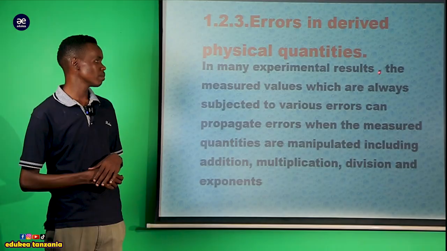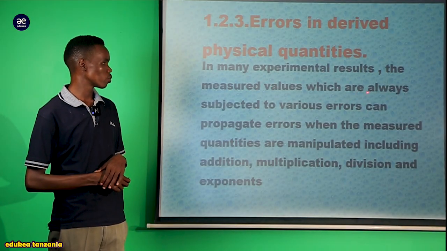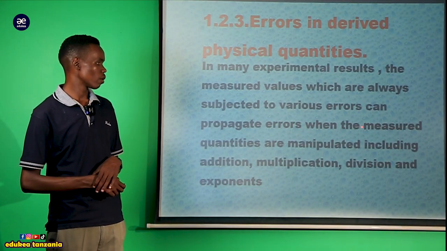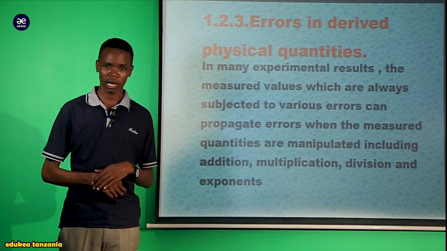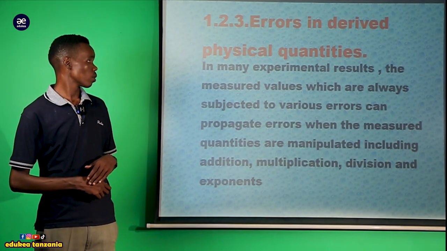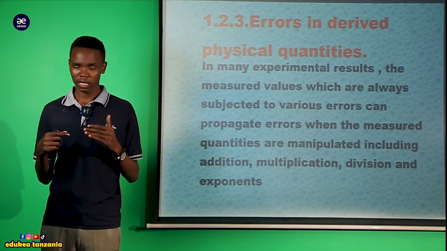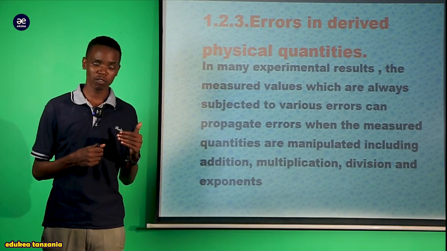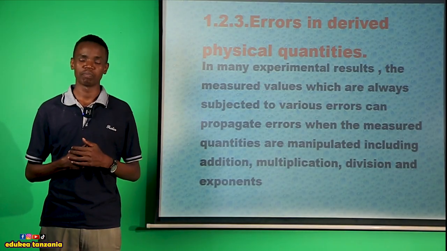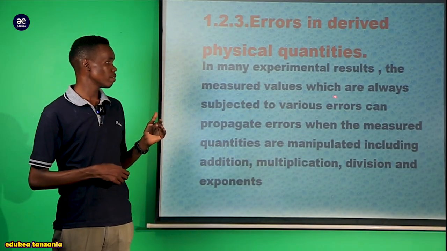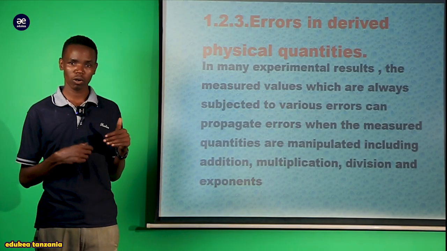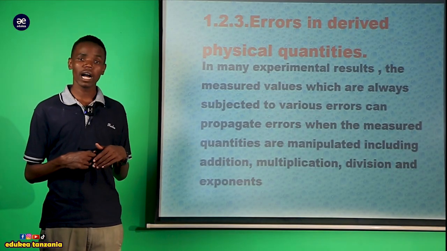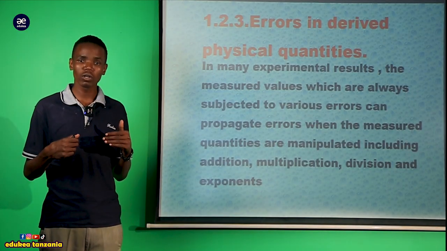In many experimental results, the measured values are always subjected to various errors, which can be propagated when the measured quantities are manipulated. For the results that we perform, either at school or anywhere, all of the measured values which we obtain contain error.